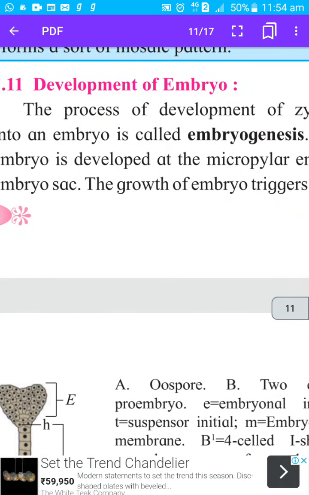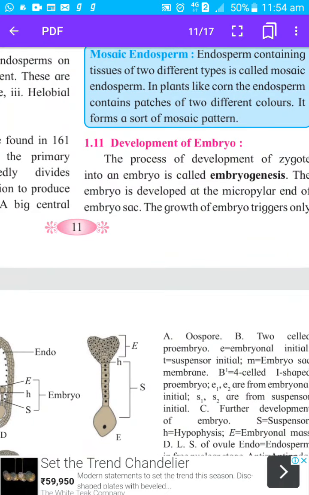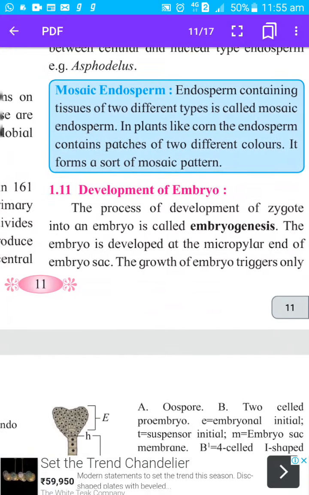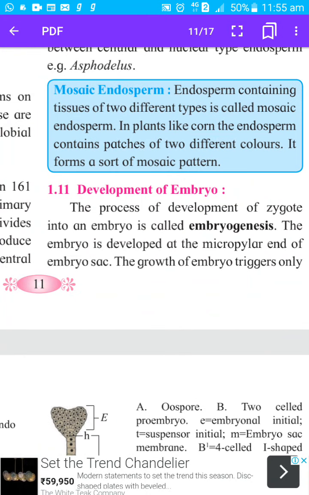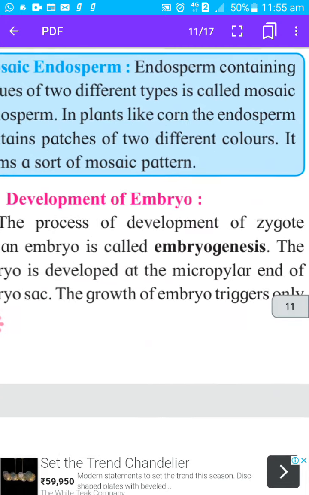Then development of embryo. Okay, so as we have seen in double fertilization, fertilization takes place two times and there is a formation of zygote. So embryo means after formation of zygote, the zygote will undergo some changes and it will convert into embryo. So what is embryo?